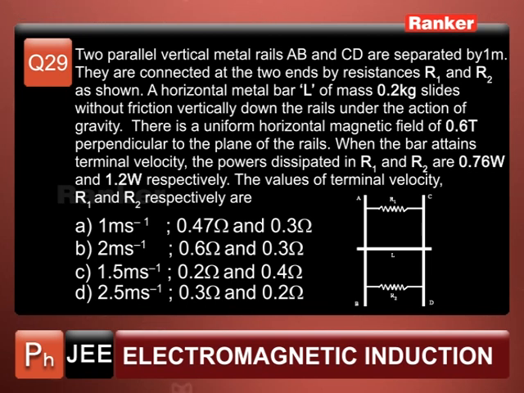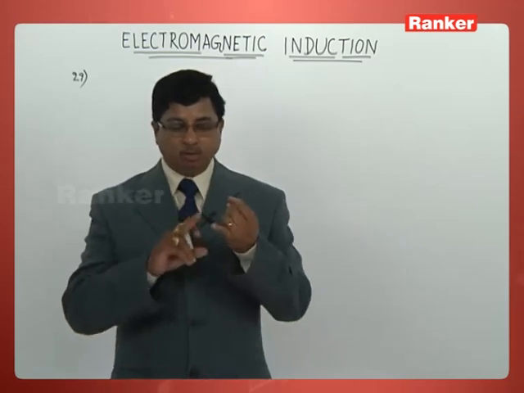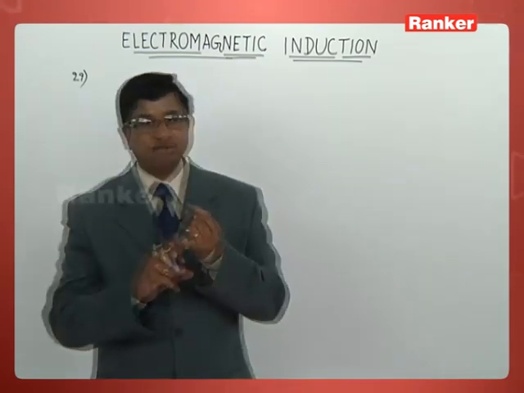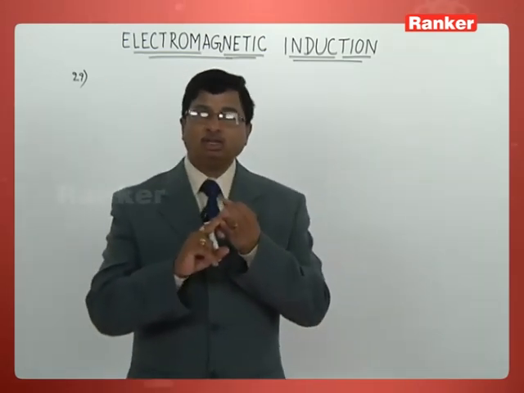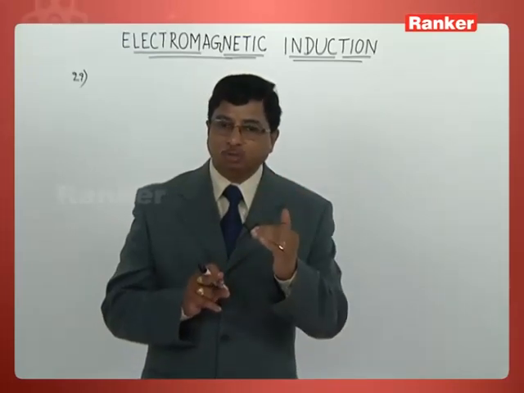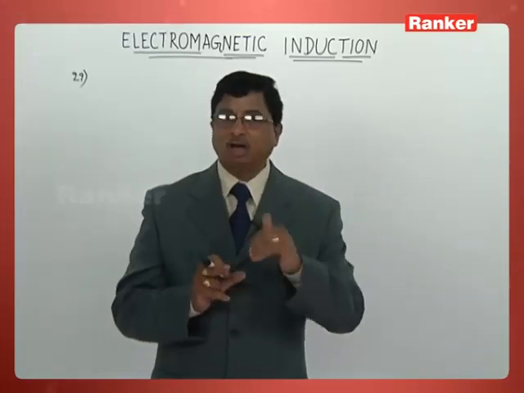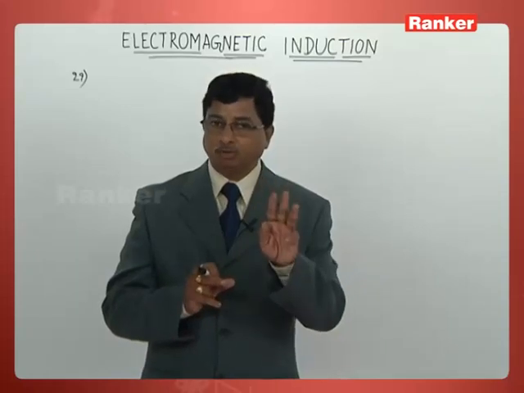The values of terminal velocity, R1 and R2 respectively are. He is asking you three questions here. One, what is the terminal velocity? And second, what are the values of both resistances given as R1 and R2? Three values he is asking.